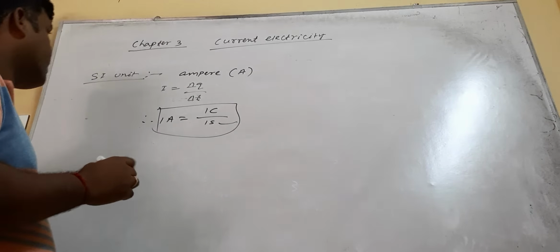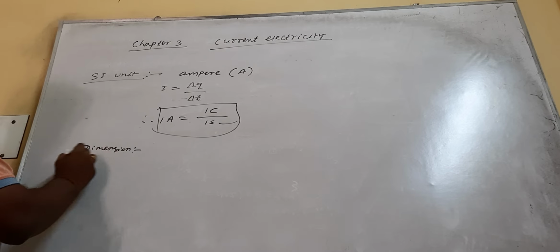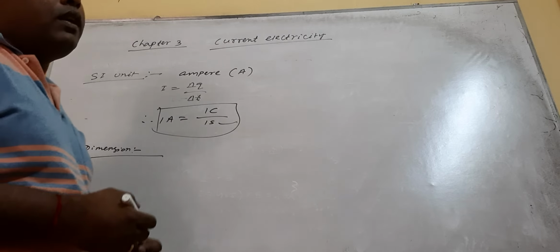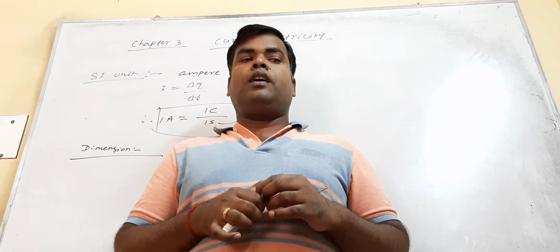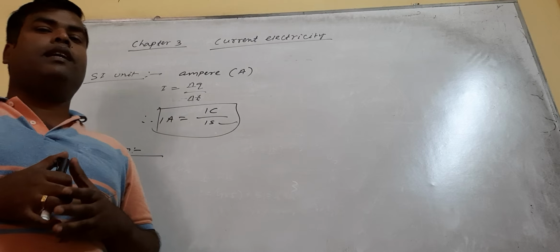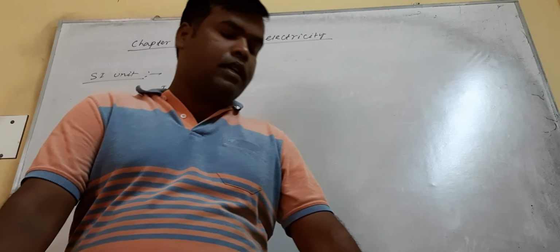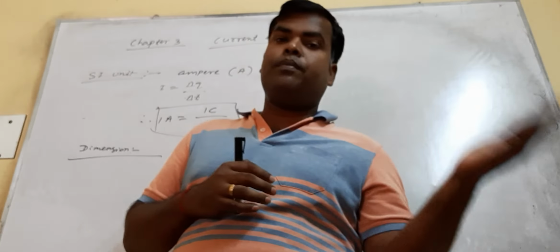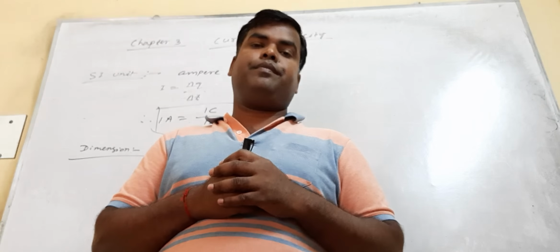Now come to dimension. What is dimension? You remember current is a fundamental unit in SI. Though here we have written I is equal to del q by del t, we will assume current is a fundamental quantity, because fundamental quantities are those with the help of which we can represent other physical quantities.